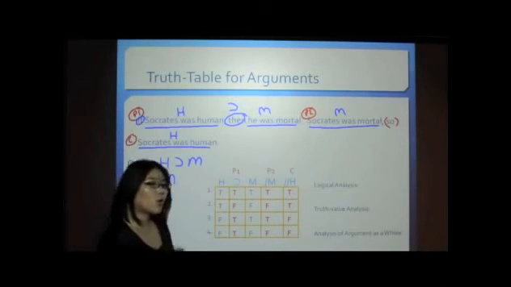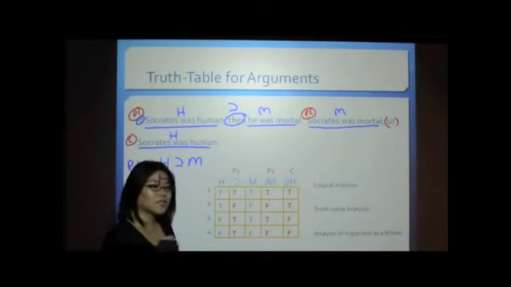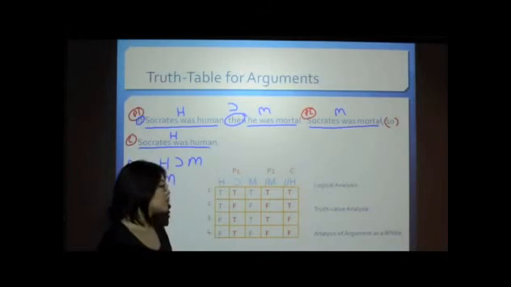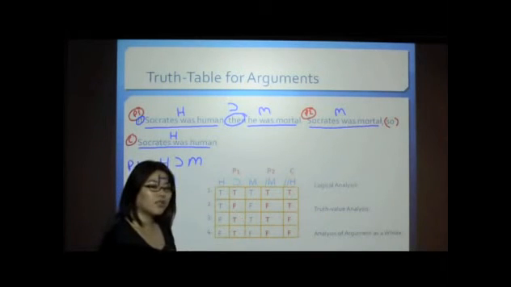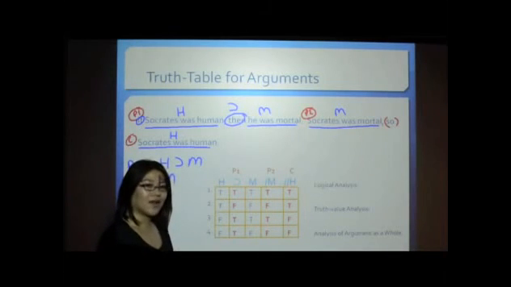Now remember, in order to figure out whether or not an argument is valid or invalid using a truth table, what you want to look for is a line, at least one, where the premises are all true and the conclusion is false. If you can find such a line, then the argument is invalid. But if you cannot find such a line, then the argument is valid.